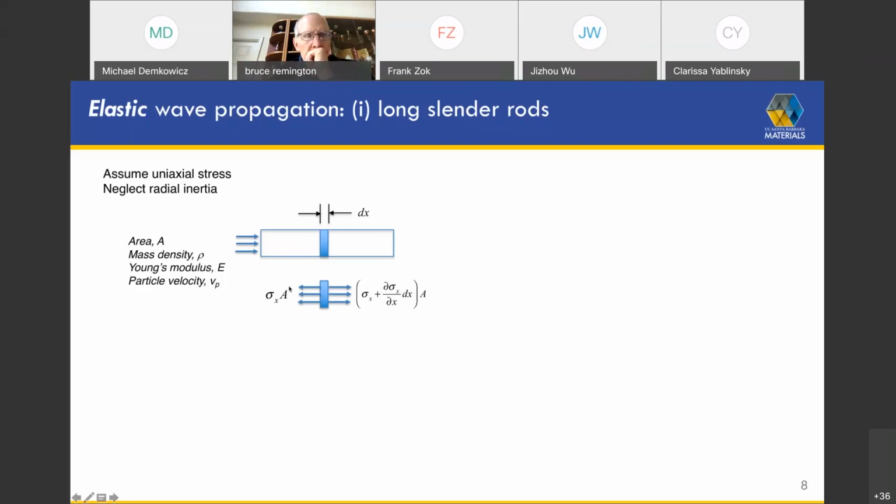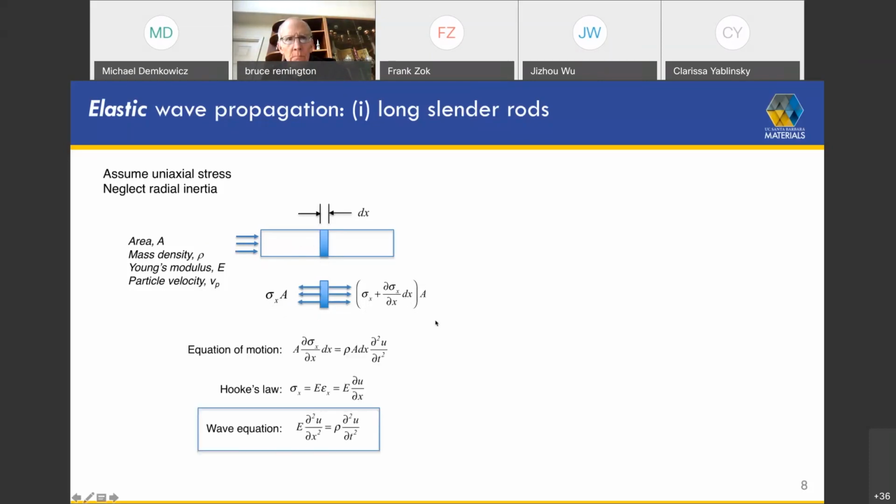We say that there is some force acting on the left side of this incremental volume. It's the stress times the area. And there's some different force acting on the other side, some sigma x plus ∂sigma x/∂x dx times the area. And then we just write the equation of motion, F equals ma.